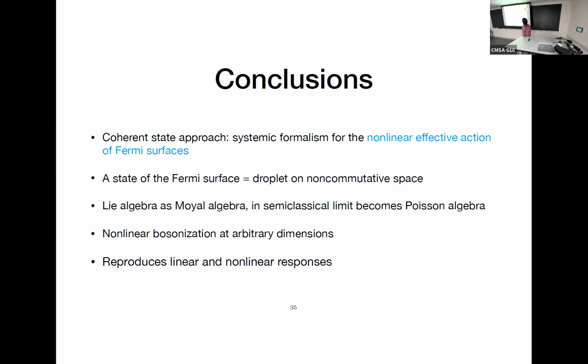So we build a nonlinear bosonization in arbitrary dimensions. We also compute the linear and nonlinear responses from our approach, which reduces the calculation dramatically. This will also be very useful for problems beyond Fermi liquid theory, when we compute the tedious loop diagrams.